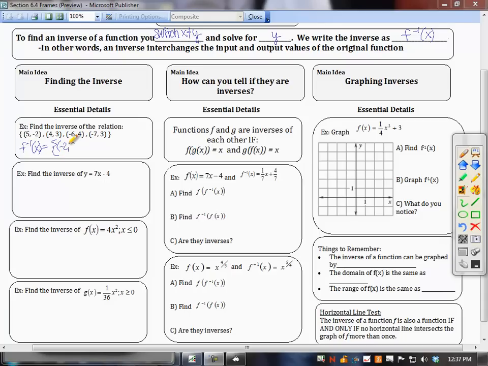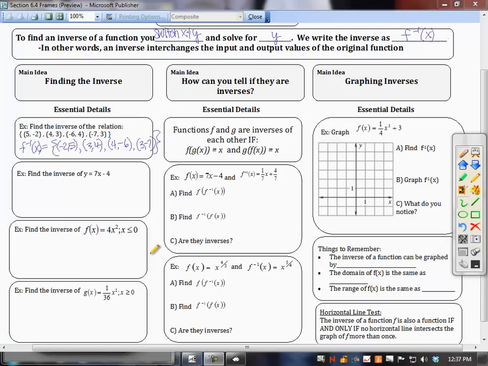So -2, 5. So we switch the x and the y. 3, 4. 4, -6. And 3, -7. And then we're going to close those brackets. And so you can see that the inverse is just the points in opposite order. Now that's going to be a rare occurrence for us, but I want to at least get the idea that in that case you just switch x and y.